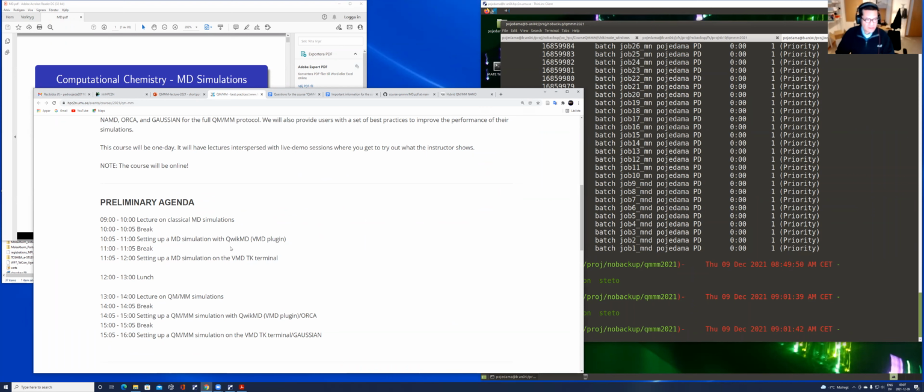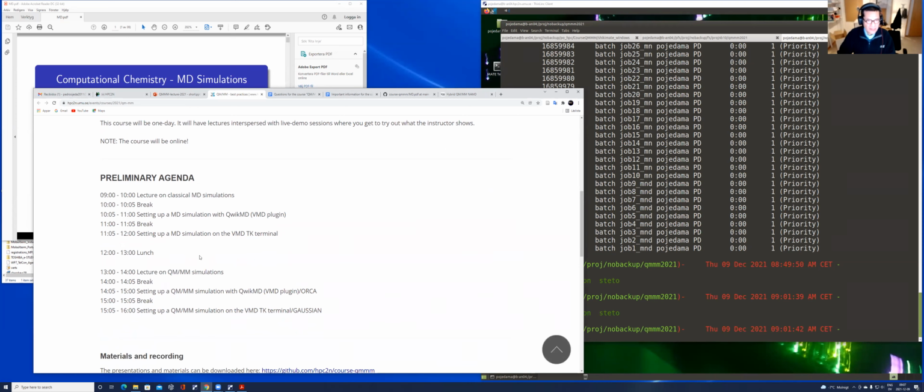After that, we will see how to set up a classical MD simulation, but using the pure command line, which is the Tk terminal from VMD. And after lunch, we will start looking at the quantum mechanical part, right? Then we will use Orca and Gaussian, which are standard codes for quantum chemistry.